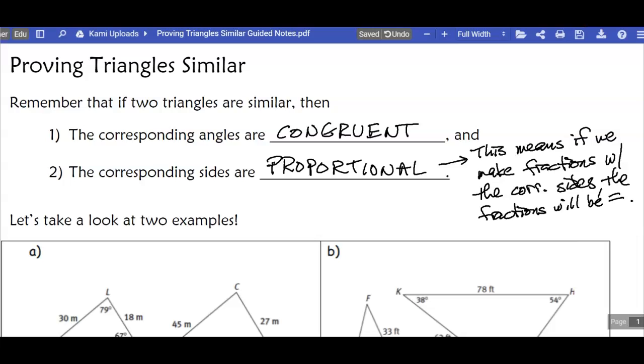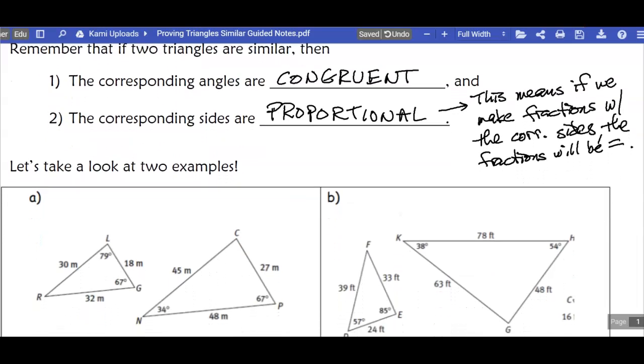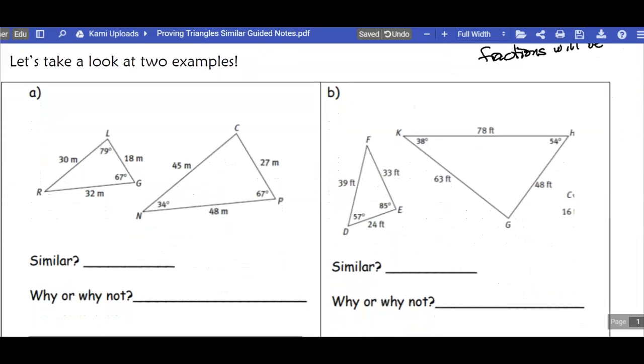We just say proportional because that's obviously a lot easier than saying all of this stuff. All right, so let's take a look at two examples of similar triangles.